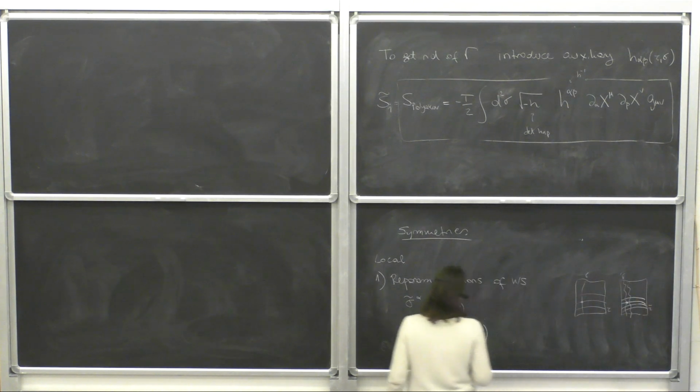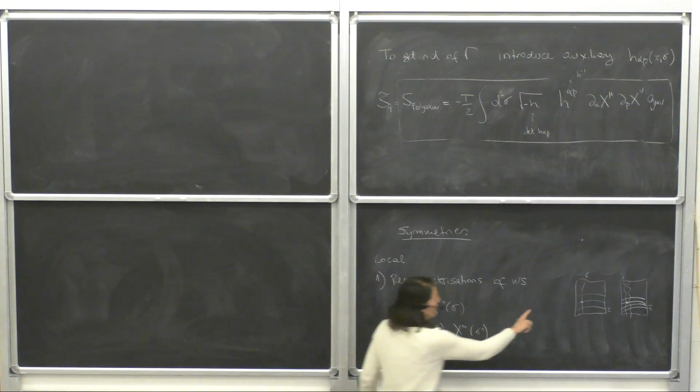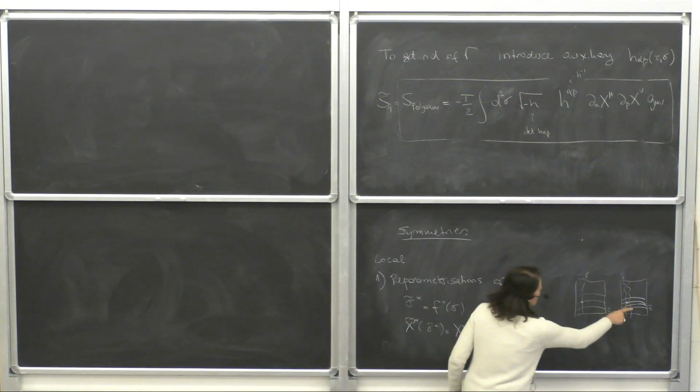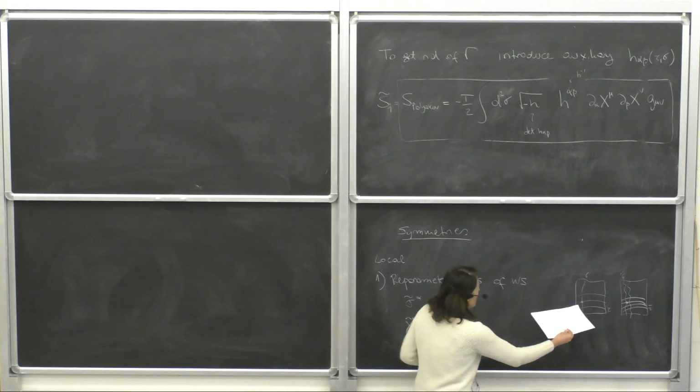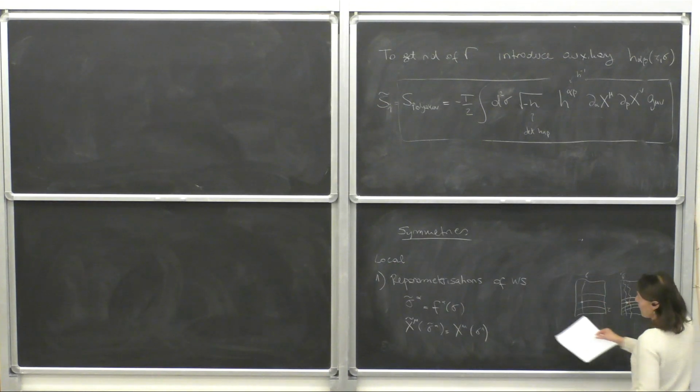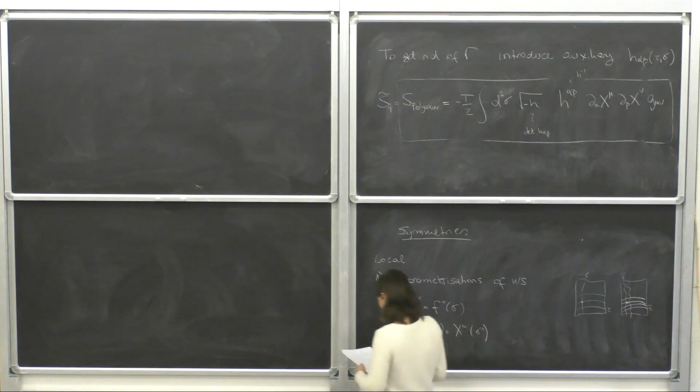If I have the transformation between τ, σ and τ̃, σ̃, then the point that corresponds to this point should have the same embedding coordinate, right?